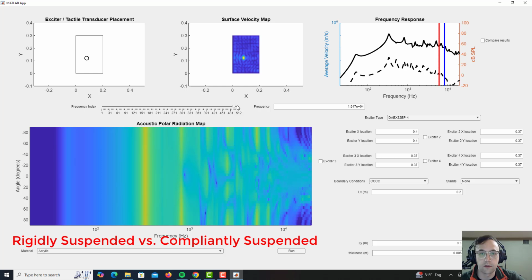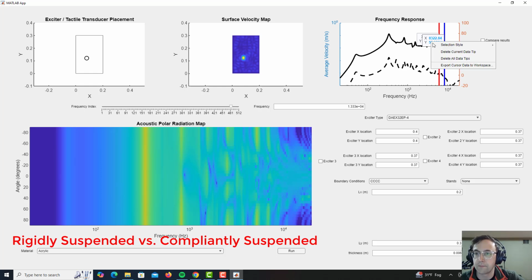Yeah, kind of neat. Okay, this is a big, heavy exciter too. It's pretty big relative to the panel. So we've got the coincidence frequency here at 6 kilohertz, and then the critical frequency where the dimensions of the exciter start to impact the radiation is at 8300 hertz.